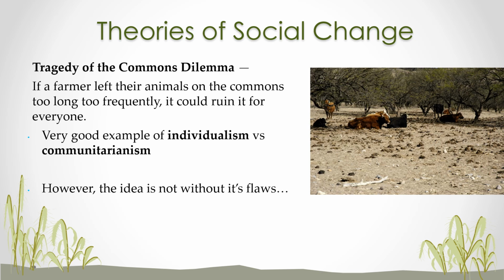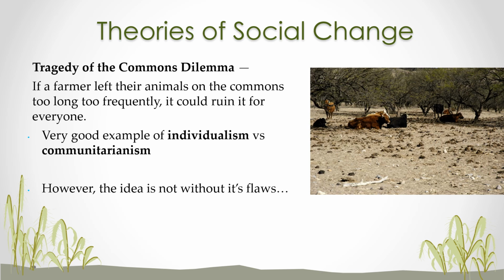Well, if one of the many farmers that uses this area just lets their animals chill forever on the commons, then they'll eat up all the commons, right? And if a handful of farmers do that, not just one jerk, then it'll get destroyed pretty quick, right?